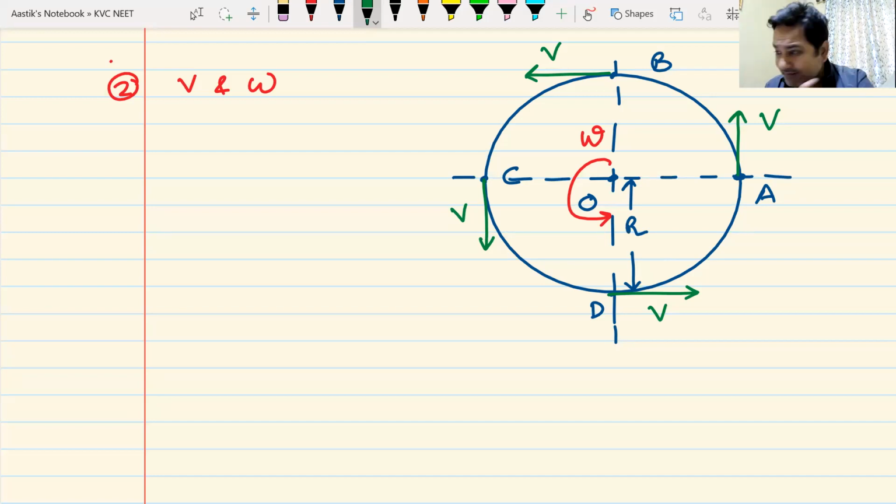Here, in this particular case, it's a very simple scenario, the particle is definitely moving on a circular path. This velocity is always along the tangent, and hence we can call it Vt. From now onwards, we are going to call velocity Vt, V tangential, because it is always along the tangent of the circle.